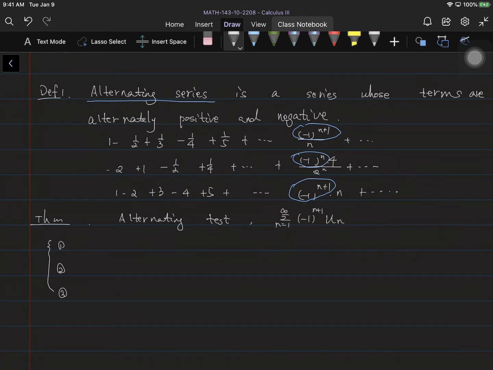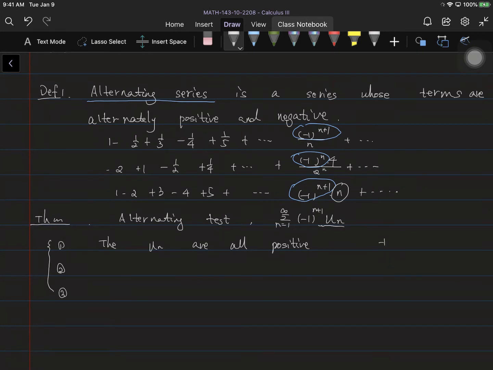And we have un, and what is un in our example? Un is the things left. The first condition: all un are positive. Why do we say that?